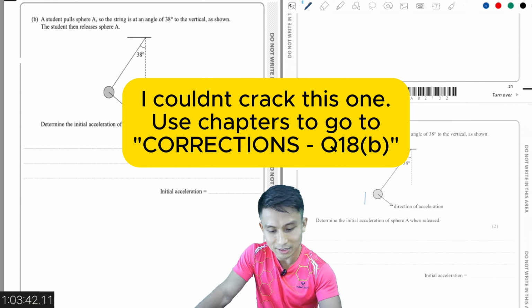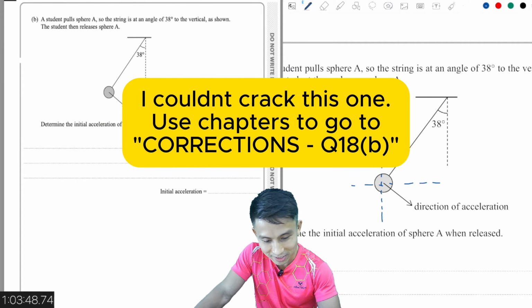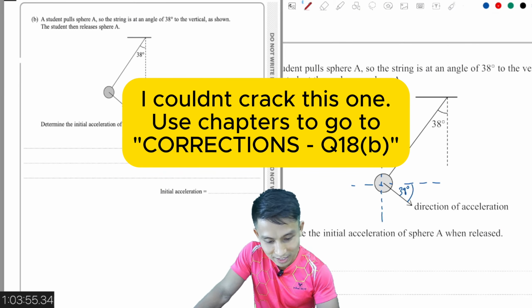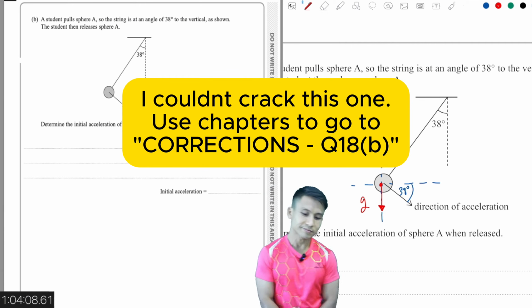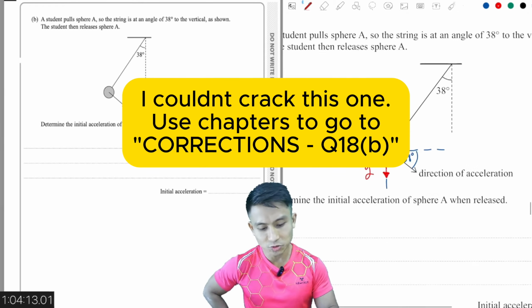Shall we do acceleration? Hang on, I'm just going to take my chances here. I always do that. This is 38, so that means this is also 38, right? We know that there is a vertical component here, and I'm just going to say that it should be g.